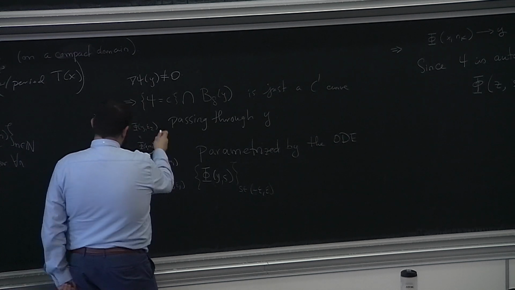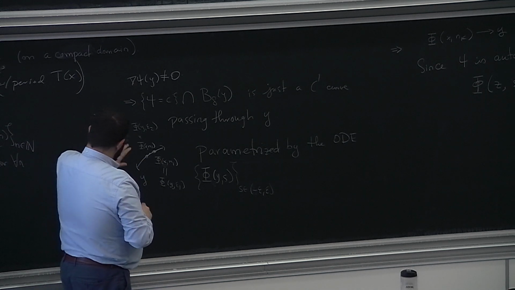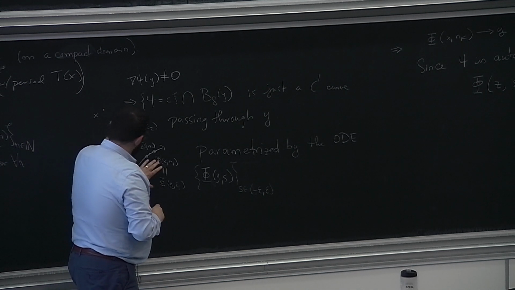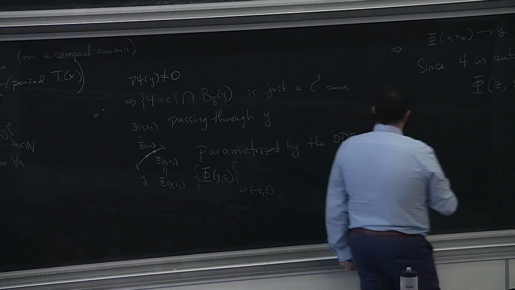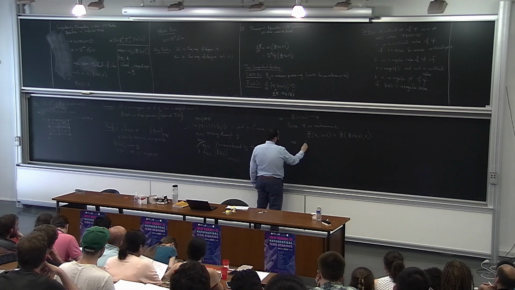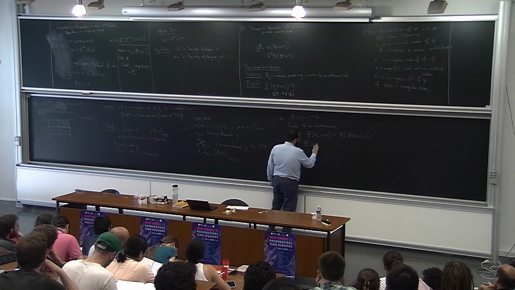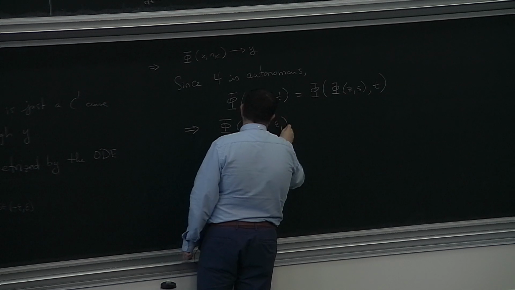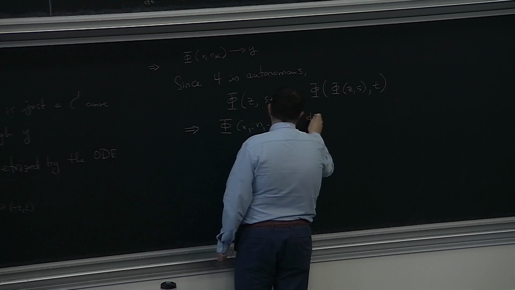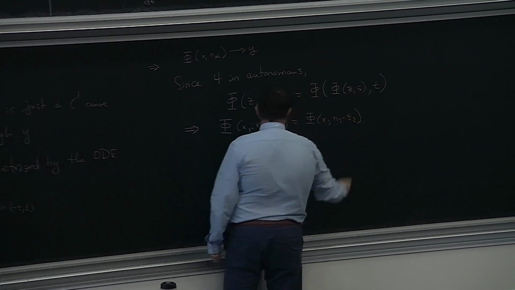So that means if you flow back by epsilon and epsilon, you get phi of x at n1 minus epsilon 1 is phi of x at n2 minus epsilon 2.